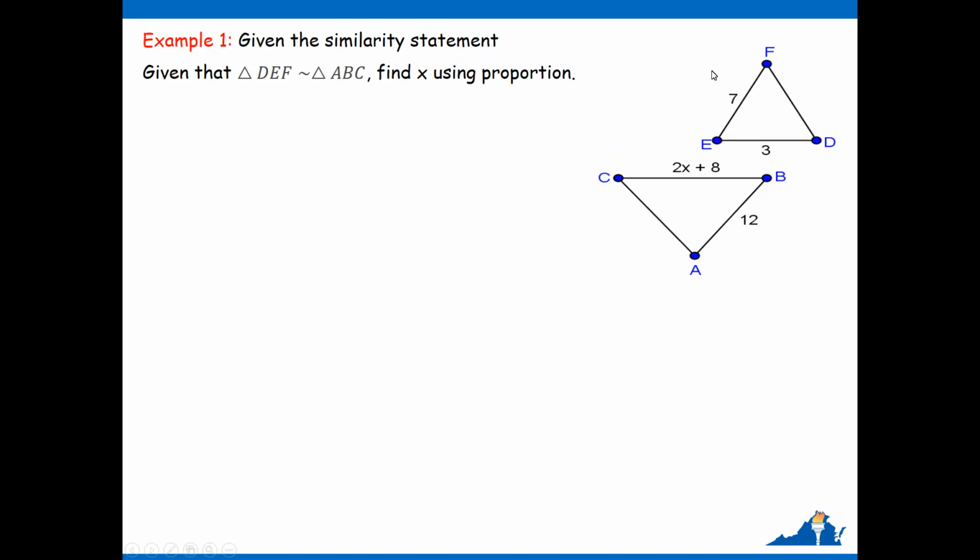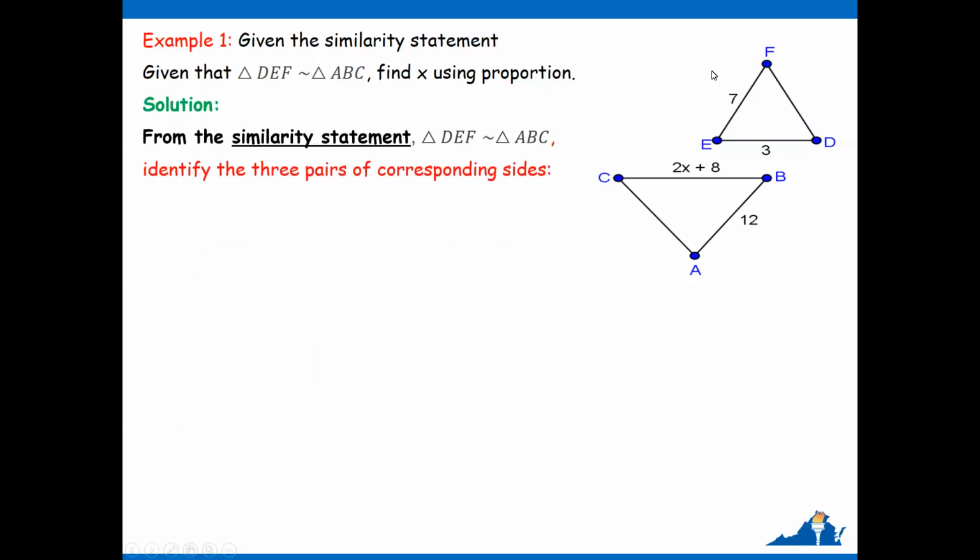Those are the two given triangles. From the similarity statement, triangle DEF similar to triangle ABC, identify the three pairs of corresponding sides. The first pair, DE corresponds to AB. Why?